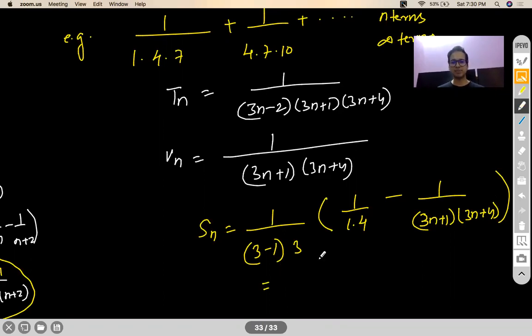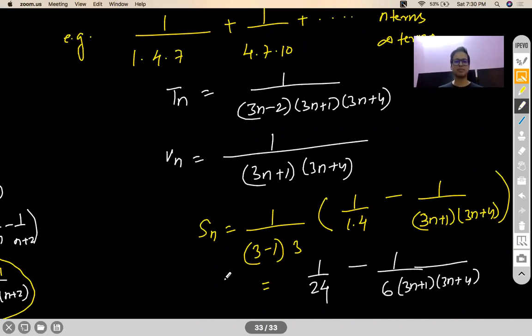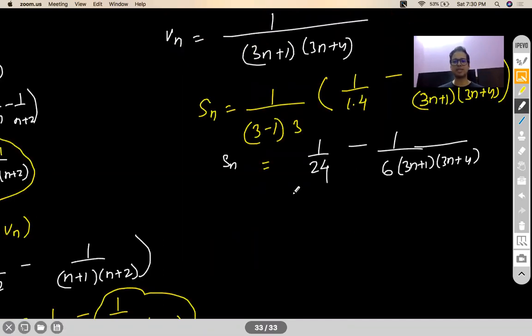And by the way, if you simplify this, this comes out to be 1 by 24 minus 1 by 6, 3n plus 1, 3n plus 4. Okay. This is the sum till n terms. Now, what is the sum till infinite terms? I've already told you that make this term as 0 because when n is very large, the denominator will make it very large and this term will vanish. Is this fine?